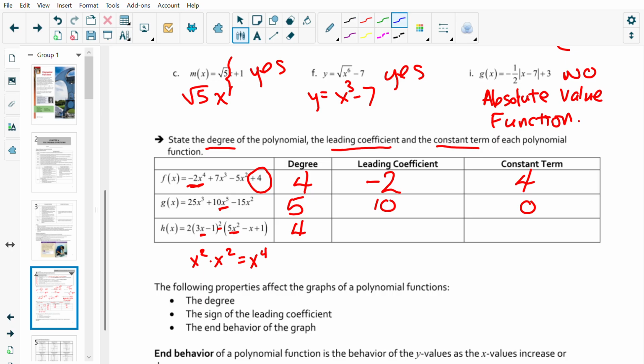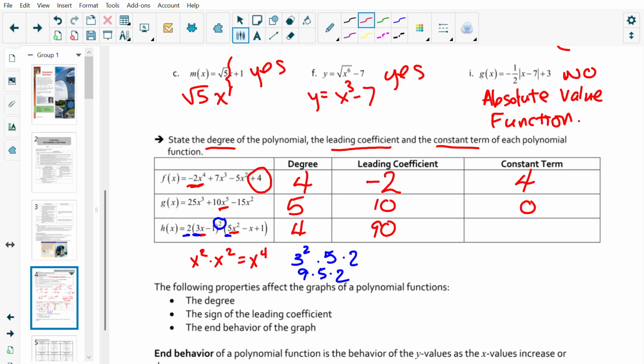That 3, I'm squaring it, so that's 3 squared. And then I multiply by that 5, and then I multiply by the 2. So that's 9 times 5 times 2, that is 90.